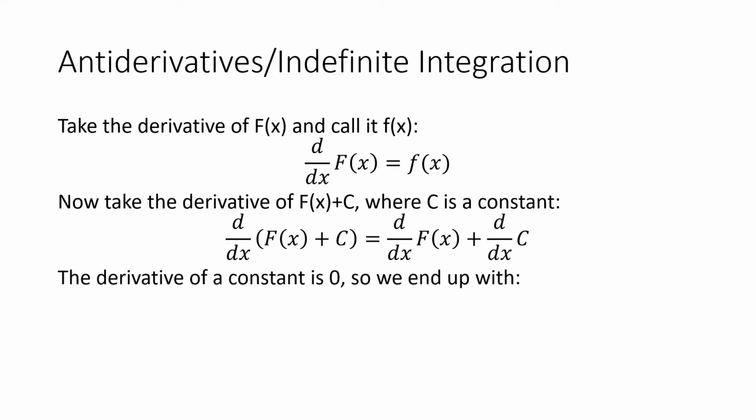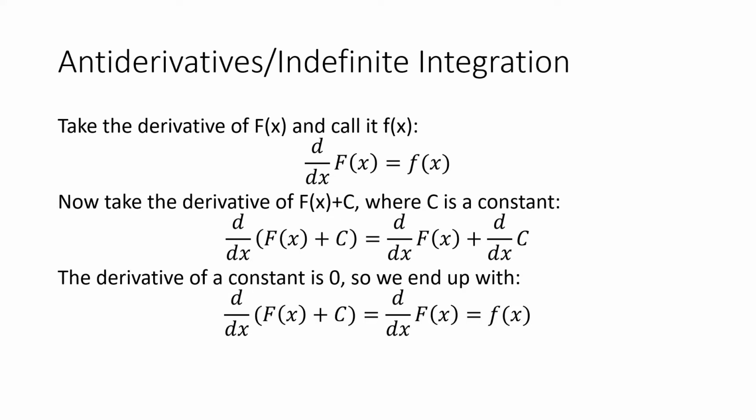The derivative of a constant is 0, so you end up with just d/dx of capital F, which gives you f of x at the end. So for a given integral, there is technically an infinite number of solutions, because that constant just shifts the graph vertically.